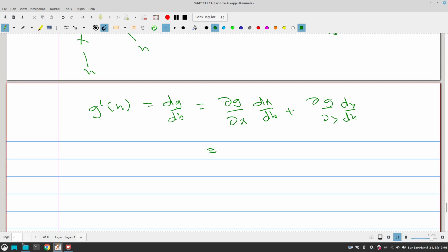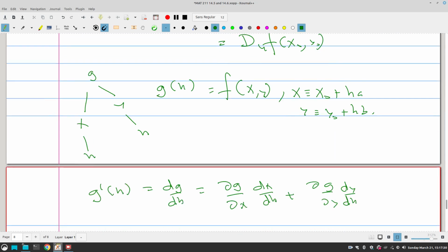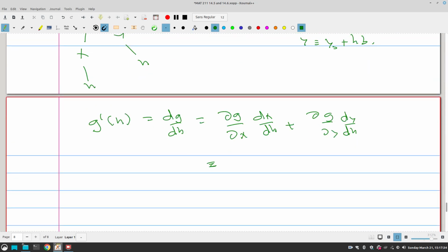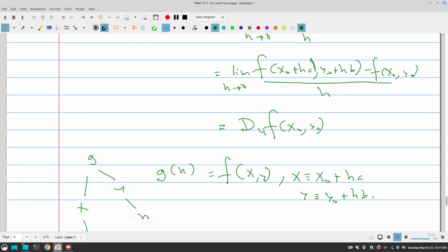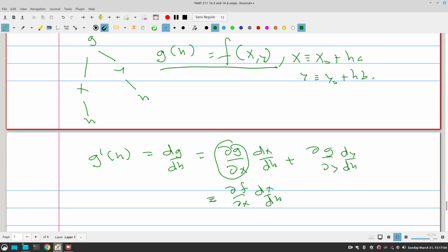It is the same as f_x at x y, because remember g of h is this. So g prime of h is the same as partial f partial x times dx over dh, plus partial f partial y times dy over dh.